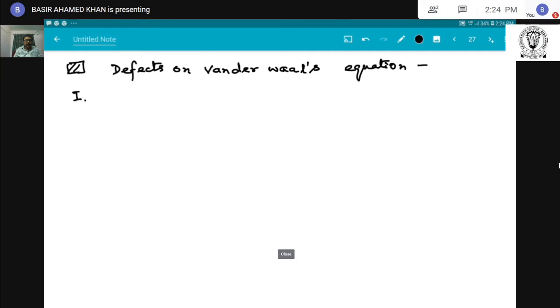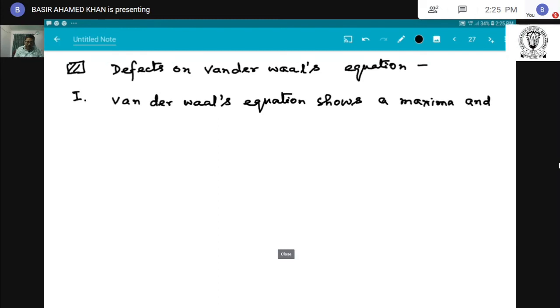But in Andrews experiment curves, there is no such maxima or minima.